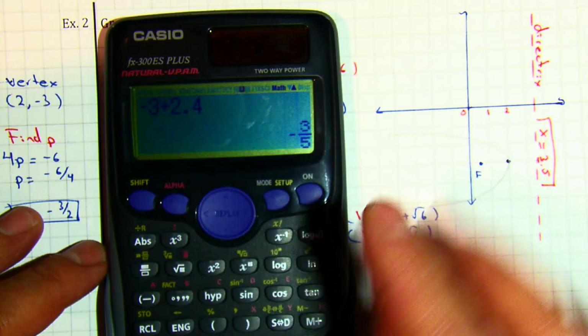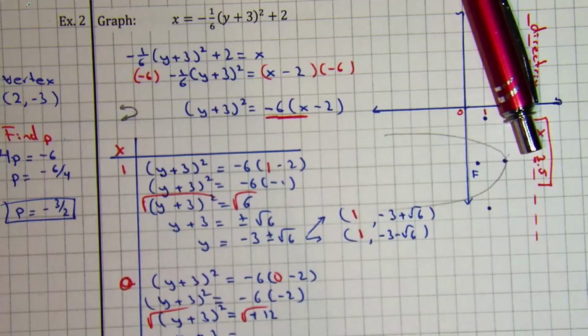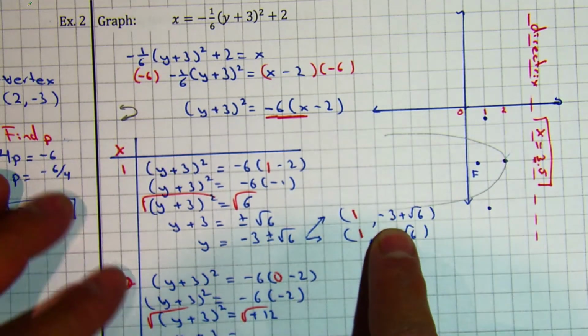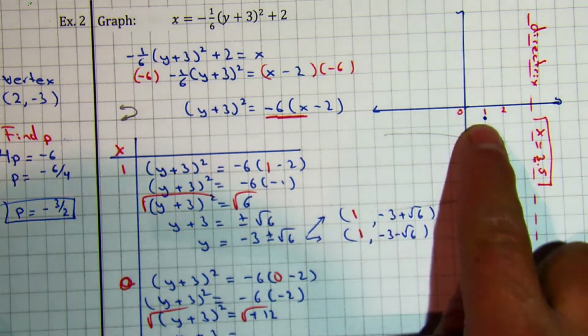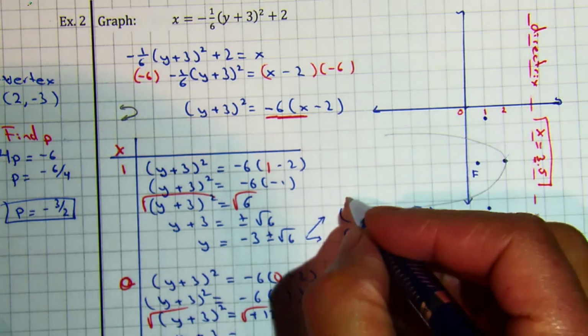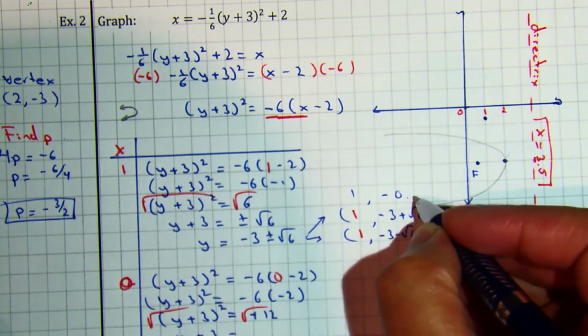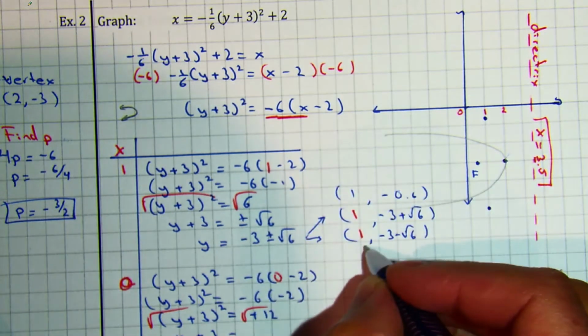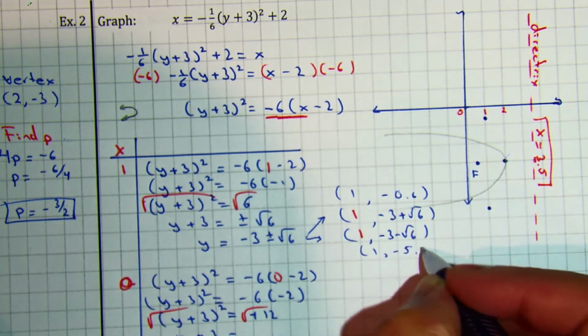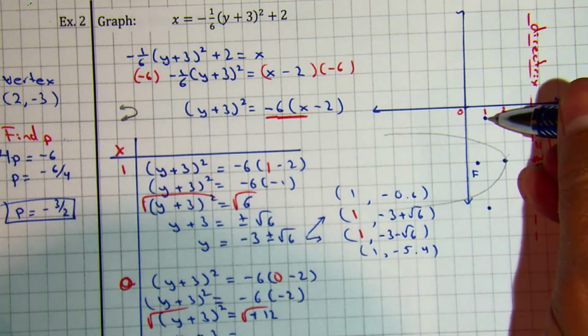Take the square root on both sides. The square root of 12. So that will give me those two points: 1 comma negative 0.6, and 1 comma negative 5.4. Those are 4 points.